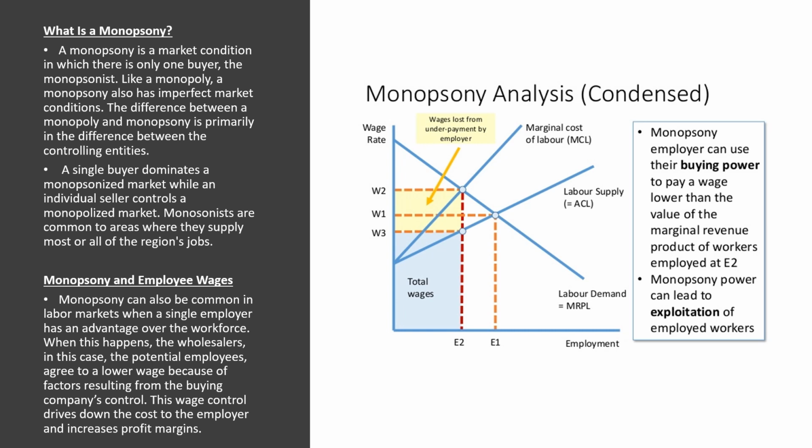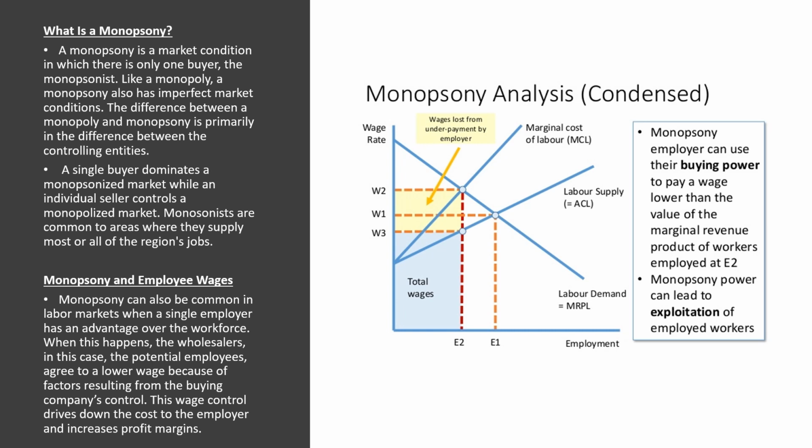The difference between a monopoly and a monopsony is primarily about the controlling entities. Here, a single buyer dominates the monopsonized market, whereas in a monopoly, a single seller controls a monopolized market.